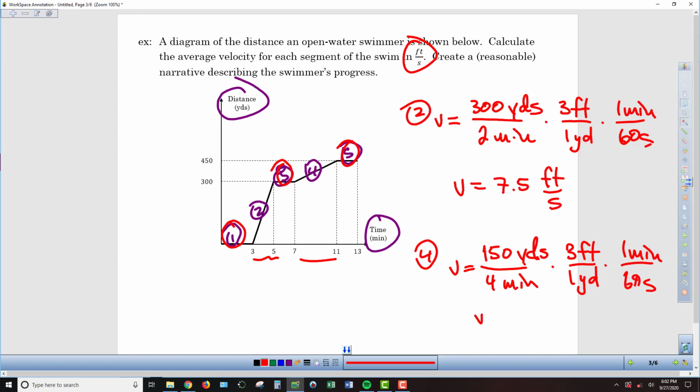And so on this one, if we calculate that out, again, glossing over our significant figures, we end up with 1.875 feet per second. So this is a distance-time diagram that relates distance, time, and velocity all in one place.